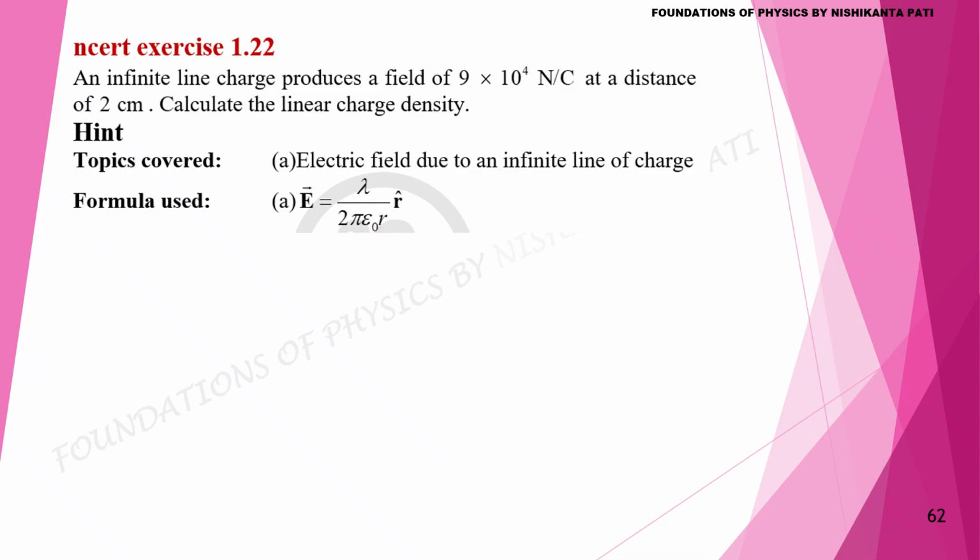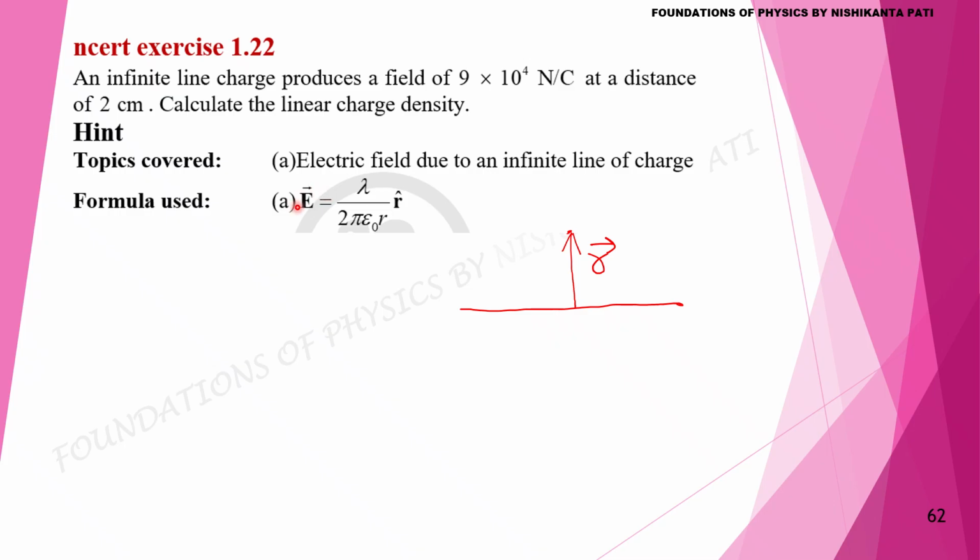So this is the line charge. We need the electric field here. This is r vector, and this way is r cap. So the electric field formula is this. Here the electric field is given, magnitude r is given.